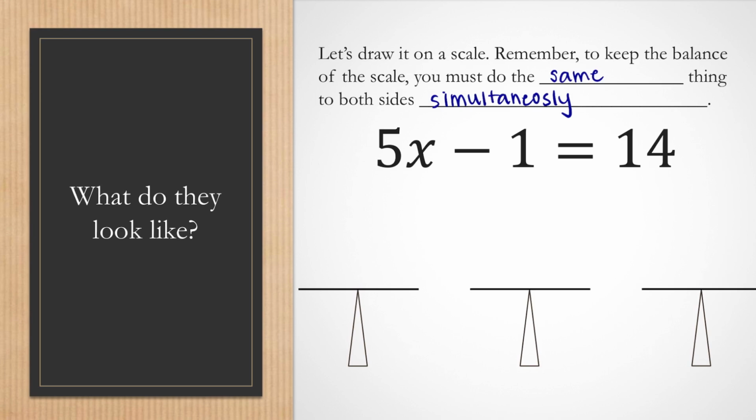So let's start out with this. Remember, the equal sign is kind of like wherever this is. So this is my mathematical balance. In this one, I have 5x minus 1, and I have 14 on the other side. So first, according to SADMEP, I want to look at anything that's being added and subtracted. Right now, the only thing that I'm adding or subtracting is this minus 1.